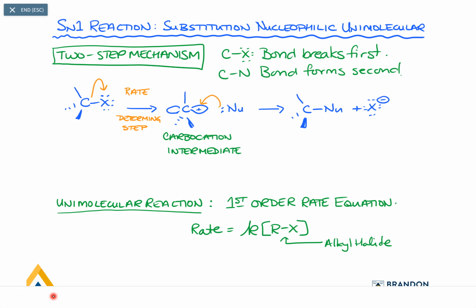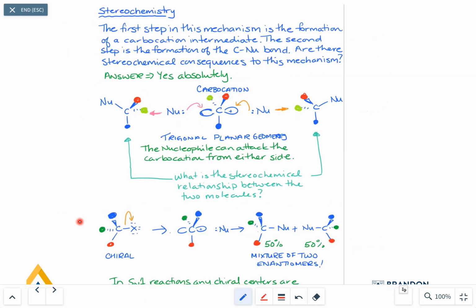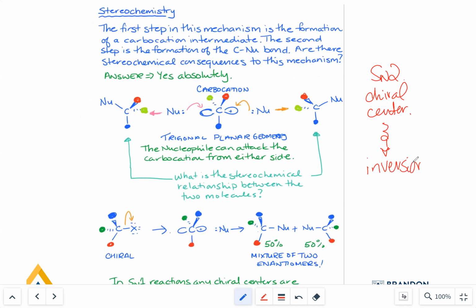So the energy diagram for, I guess I'm getting ahead of myself. So in an SN2 reaction, if you had a chiral center, you got inversion, because the nucleophile had to attack from the opposite side of the leaving group.